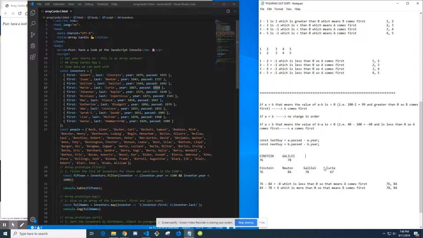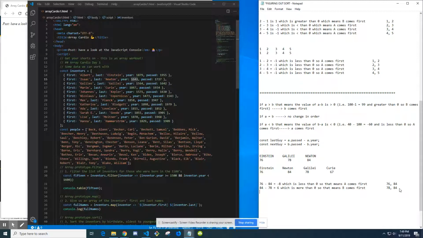Okay, need to put Newton in there. So first we were saying Einstein and then Newton, 76 and 84. Einstein was 76 years old when he passed. Newton was 84, which was based off of this, for their person. Then when we did the second line, which is Galilei, he's like, oops, no, Galilei was a little bit younger. He was only 78. So that's why he's now before Newton.